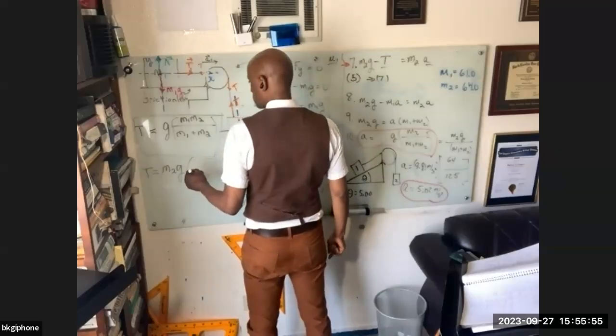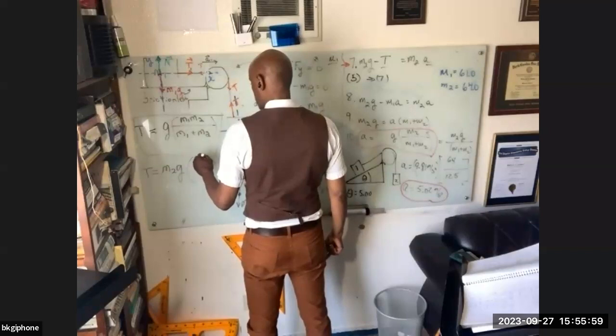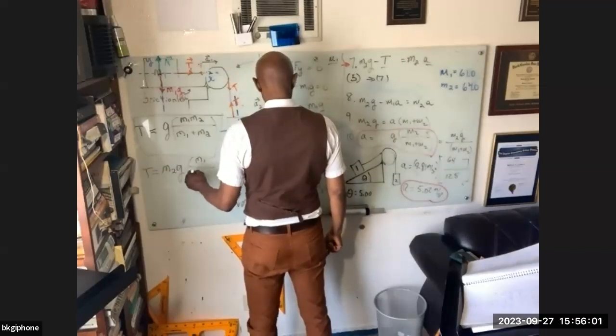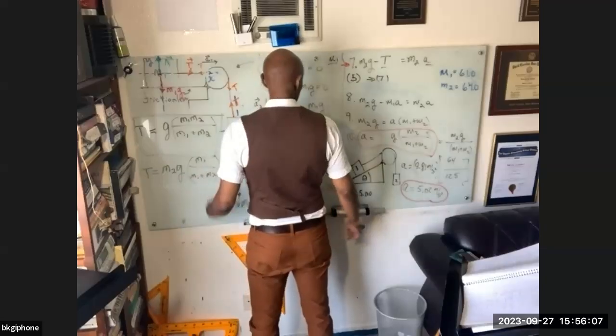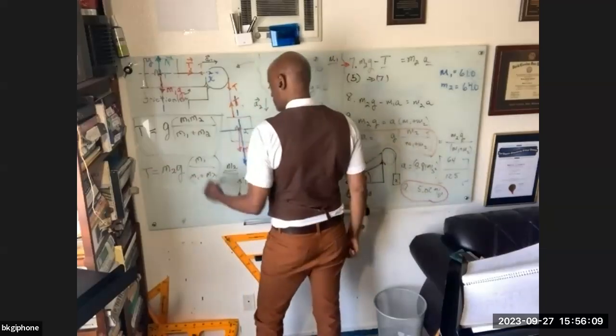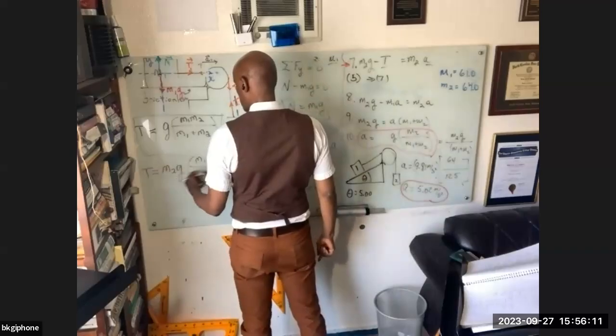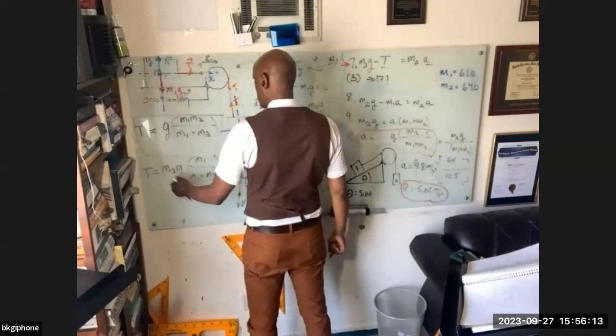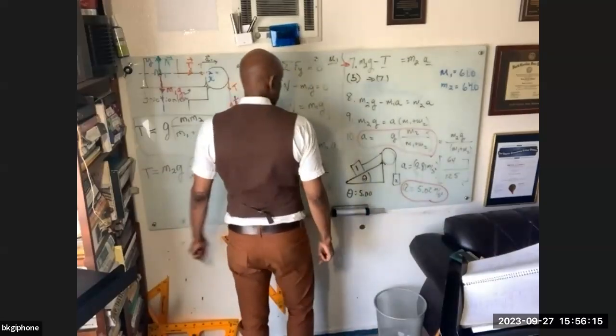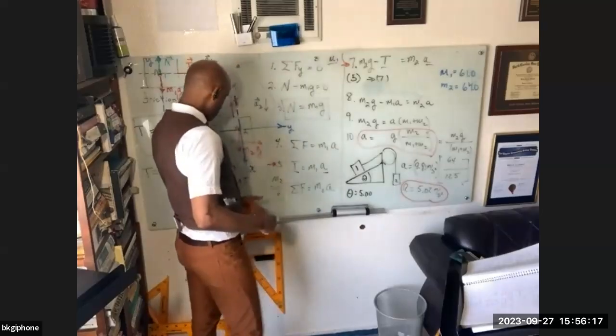Well, I guess a slightly different factor, M1 over M1 plus M2, because here this is M2 over and this is M1 over. But I guess you could flip it. Okay, you got it.